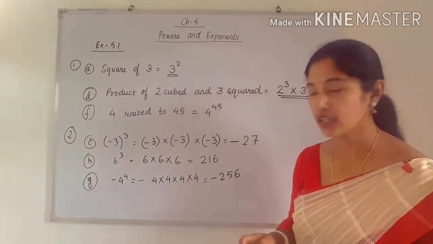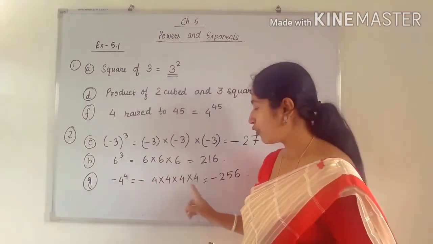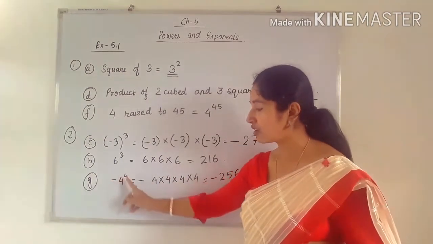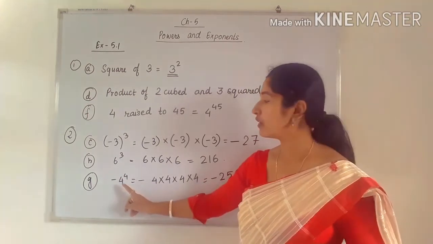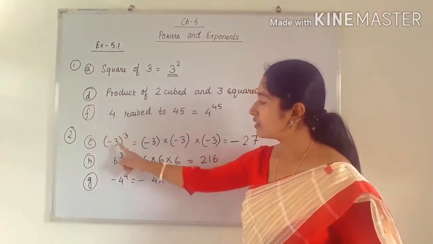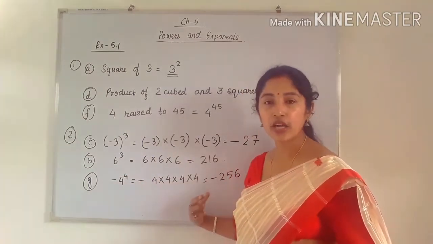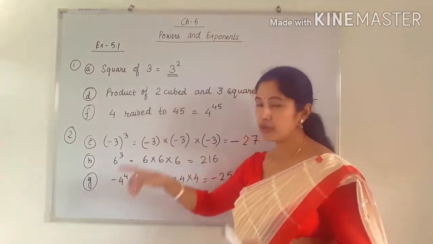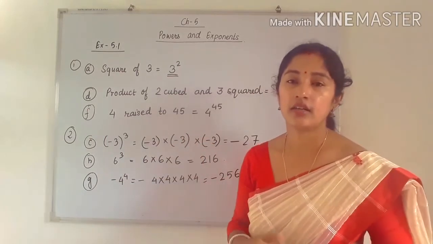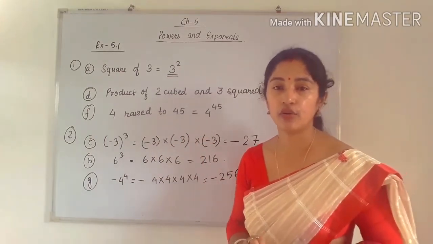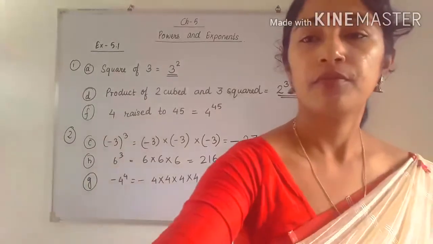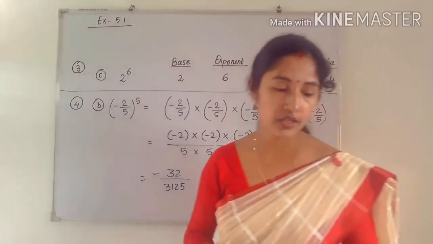I already told you, because the whole bracket is not given. Whenever the whole bracket is given, that means whole minus 3 you multiply 3 times, whole minus 4 you multiply 4 times. But here the bracket is not given. That's why we have to multiply only 4, not minus 4.